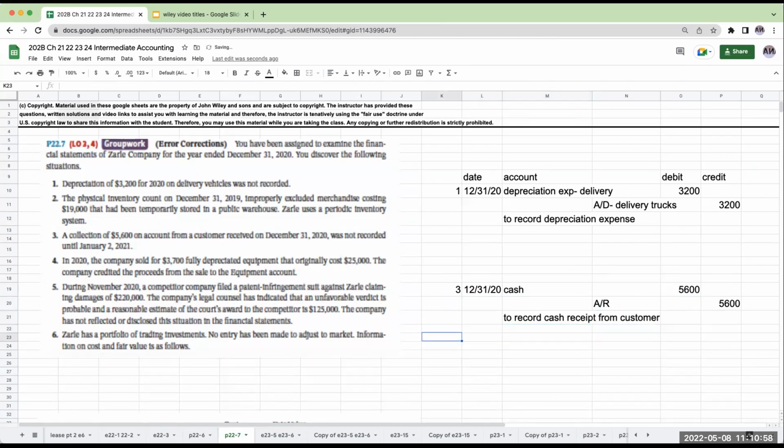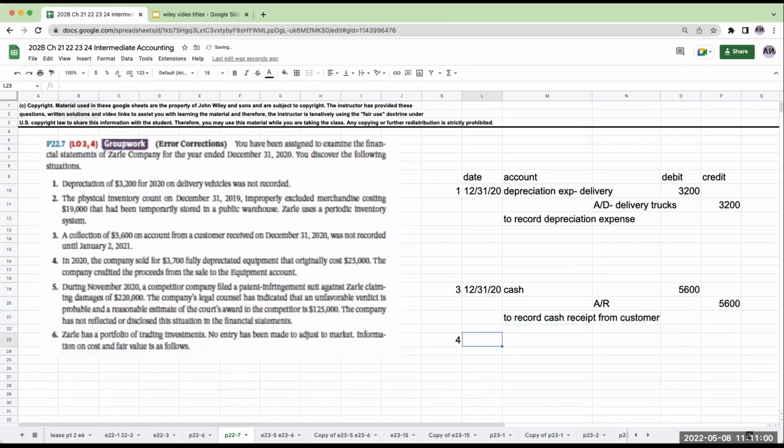Okay. In 2020, the company sold for $3,700 fully depreciated equipment that originally cost $25,000. The company credited the proceeds from the sale to the equipment account. Okay, let's go through and unpack this. If the equipment was fully depreciated, there was no salvage value.